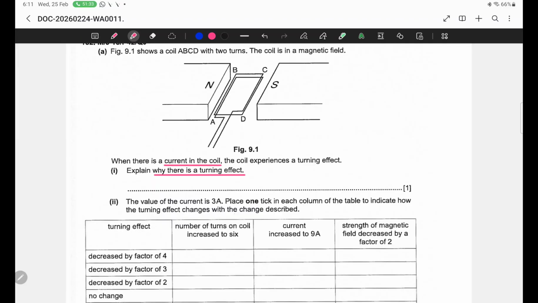The answer is, the two sides of the coil experience a couple of magnetic force, and due to the couple of magnetic force the coil starts turning.